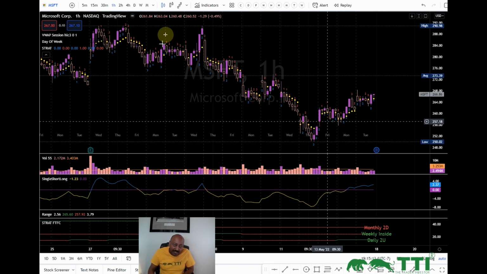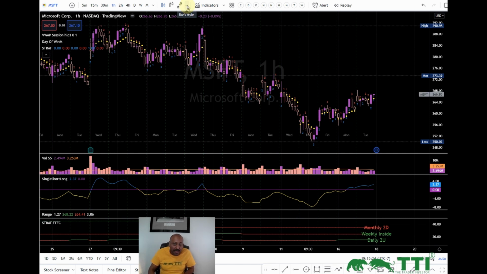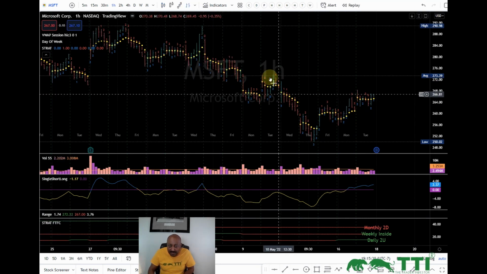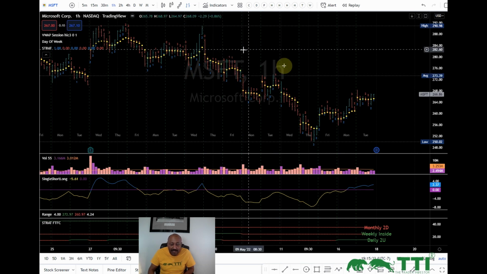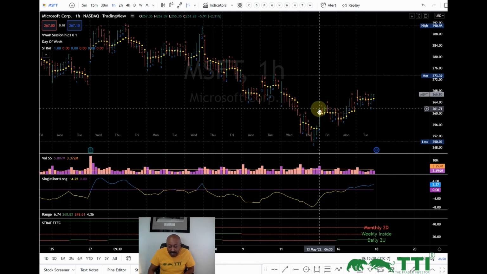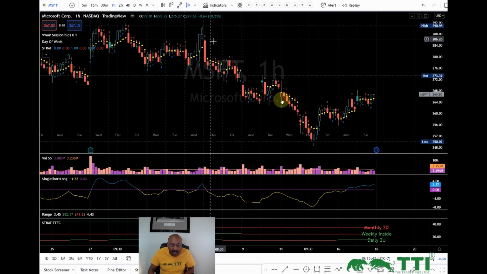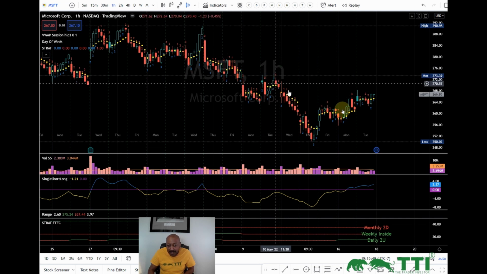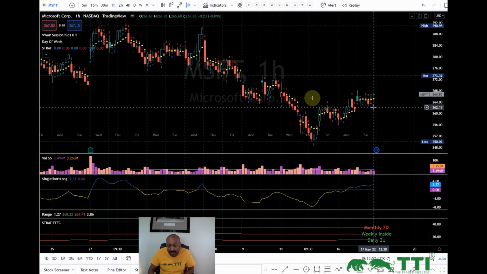When we look at real charts, what I want to show you is that the candlesticks I've shown you are called Japanese candlestick bars. There are many different forms of bars. You can use a bar chart. You can use hollow candles, where the bullish bars are hollow.